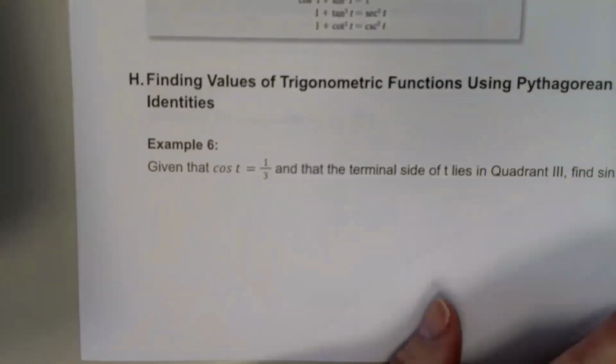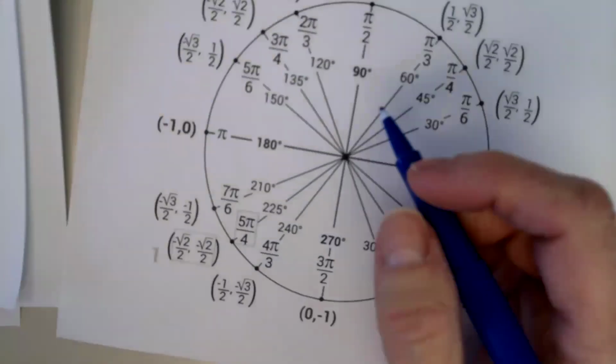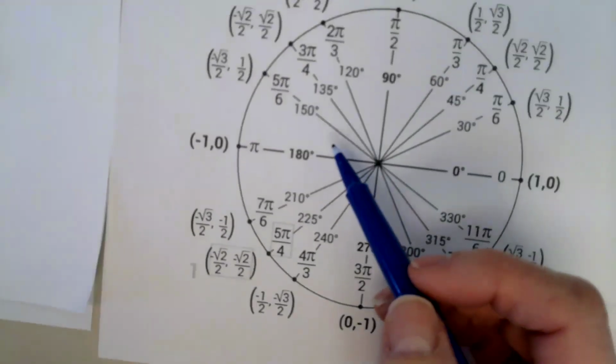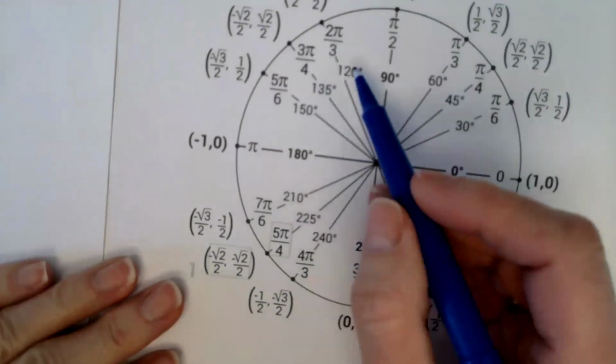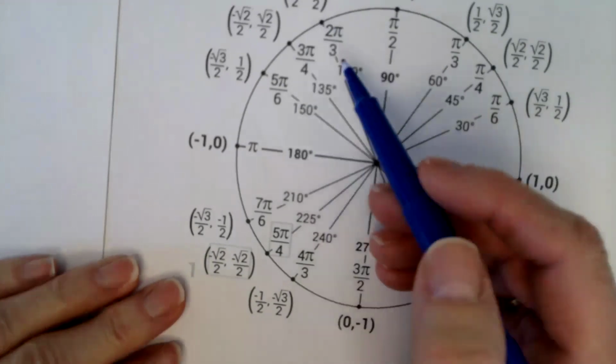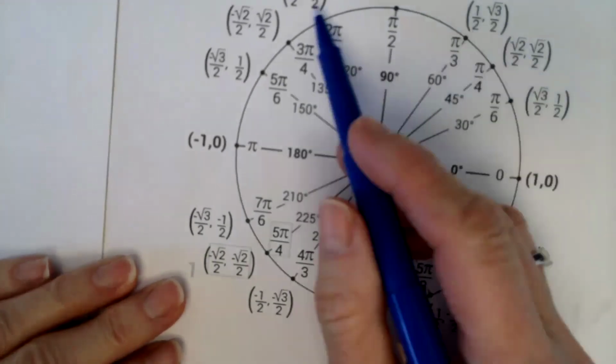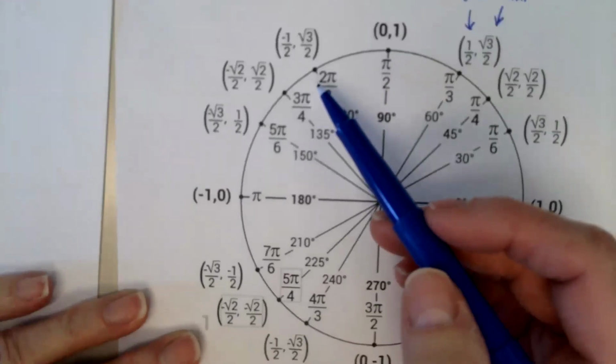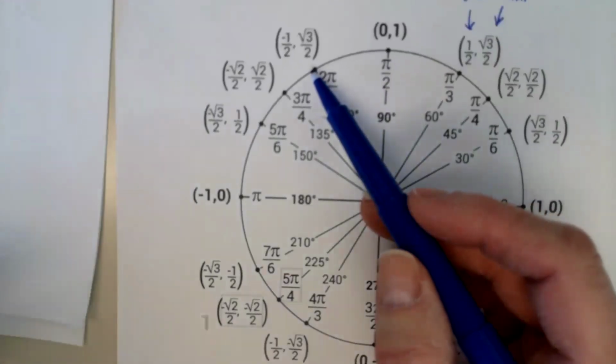I wanted to show it to you. So it's going to be the same here, but it's this 2 pi over 3. It's in this quadrant.